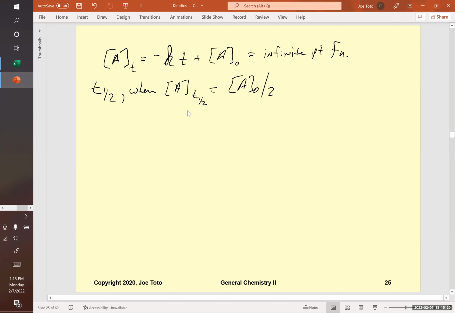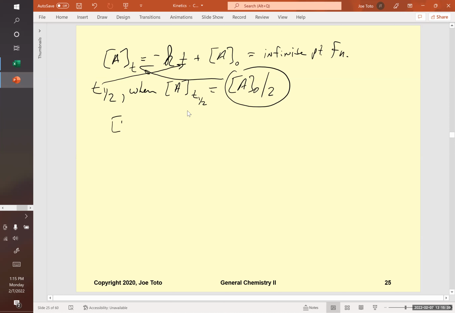So all I need to do is make those substitutions, and see what happens. Now, that infinite point function reduces to one point, the half-life point.